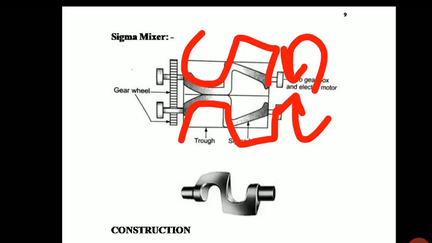Now we shall see the uses of this sigma mixer. It is commonly used for mixing dough ingredients, like we have seen in paratha stalls and the baking industry. It is very useful primarily for mixing liquid and solid, and solid mixing can also be done effectively using this sigma mixer.